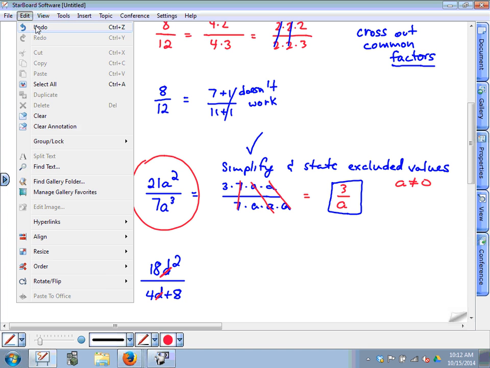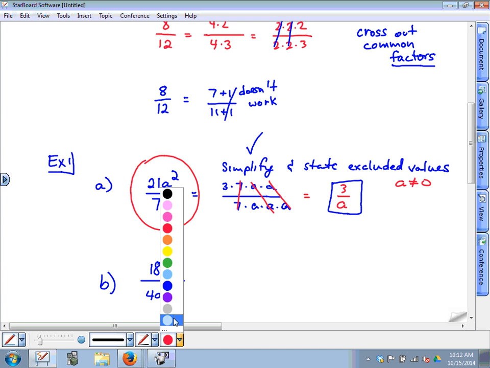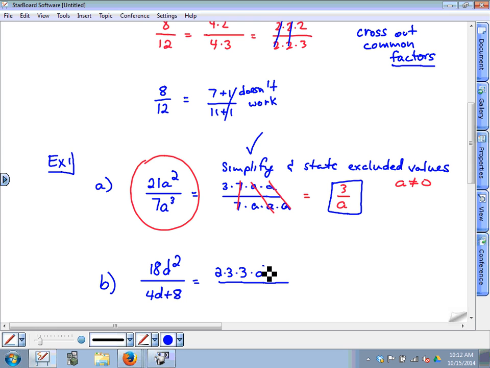So let's go back. We have to write this out in expanded or factored form. 18 is 2 times 3 times 3. That's 18. d squared is d times d. We've got to be careful on this one. 4d plus 8.